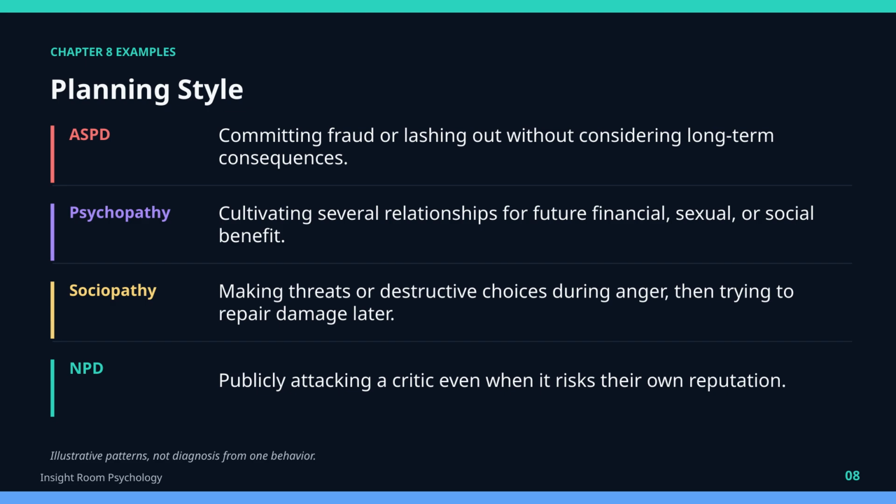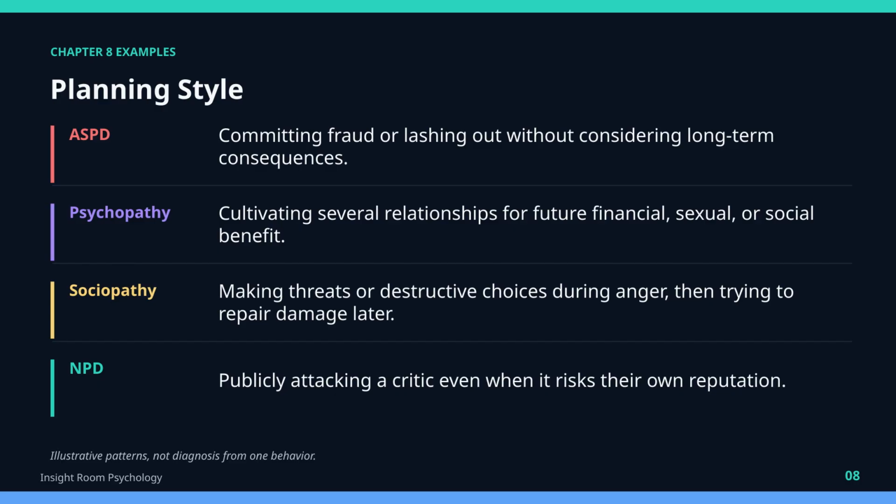With sociopathy, pop psychology often portrays sociopathy as more impulsive or emotionally driven than psychopathy. But that is not a validated diagnostic distinction in the way people often present it. For example, someone described as sociopathic may make threats, impulsive decisions, or destructive choices during anger, then attempt to repair the damage when consequences appear.